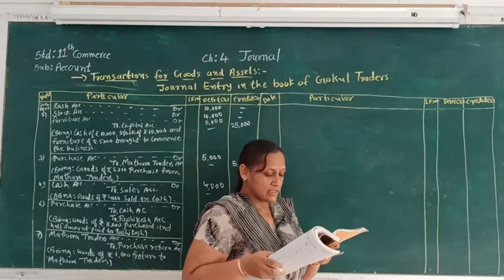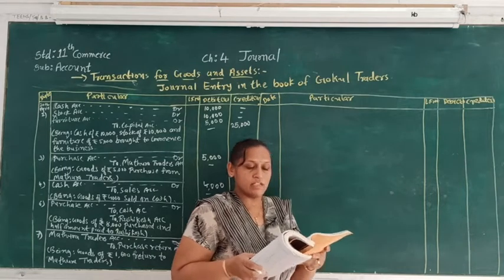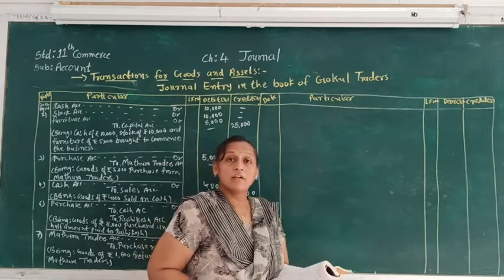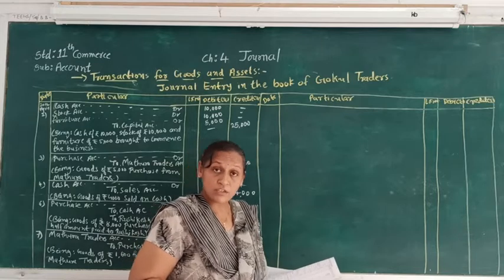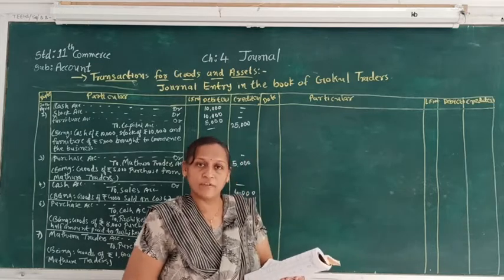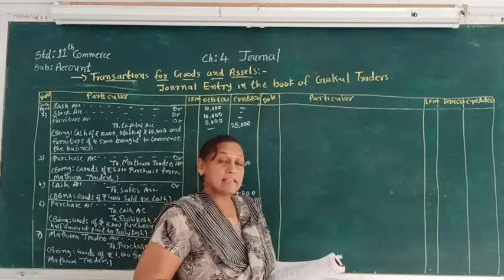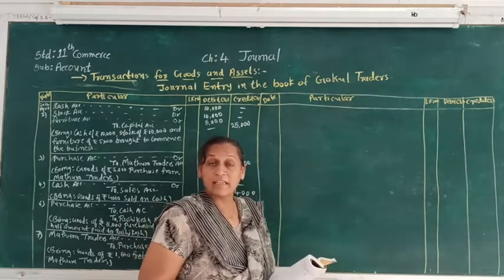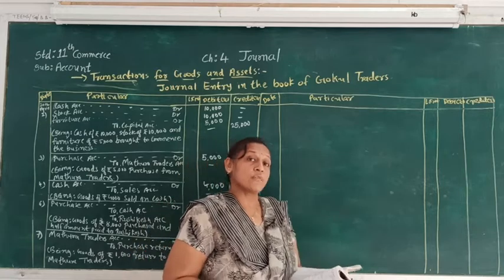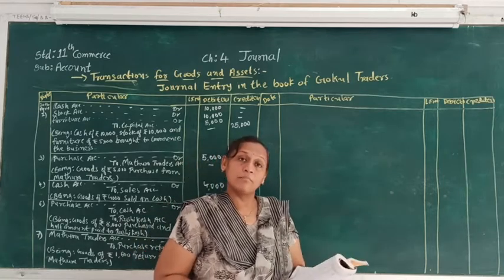Next is of the 9th. Goods of rupees 600 given to the Prime Minister Relief Fund. So here we have given a donation to the Prime Minister Relief Fund. So here donation account is debited, and as the goods are going out of the business, in this situation we are going to credit the purchase account.